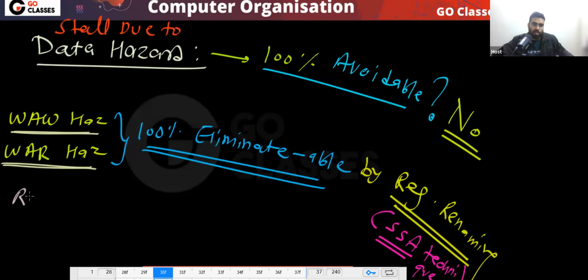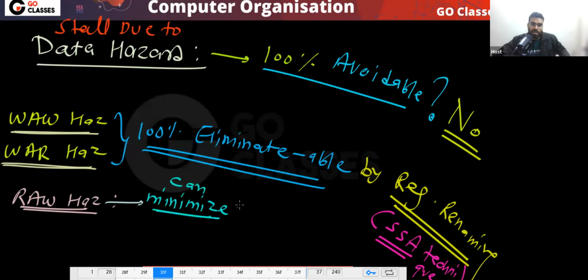But what about RAW hazards? You can minimize them using forwarding. They are minimizable, but you cannot perfectly eliminate them.